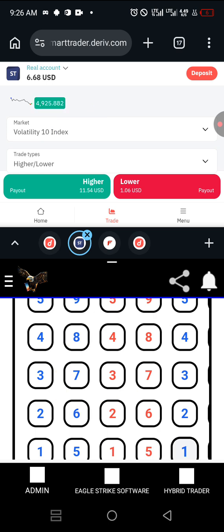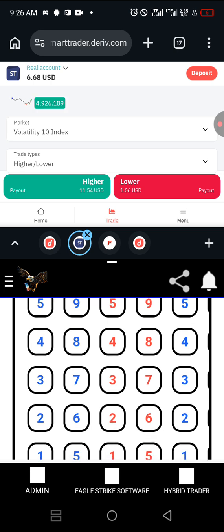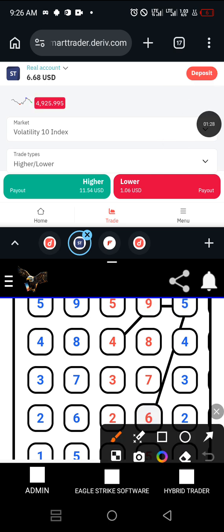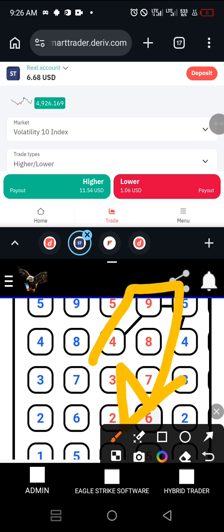So for example, we have digits 5, 4, 9, 0, which is above, 9, 5, 6. You see the mapping gives me a downtrend here, right? Which means I'm supposed to purchase the downtrend.